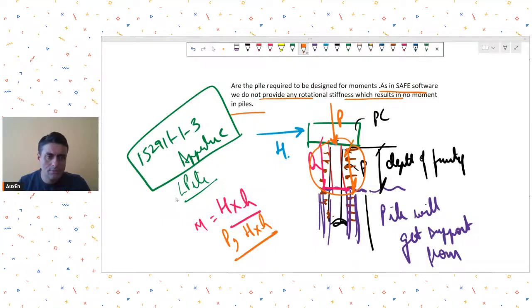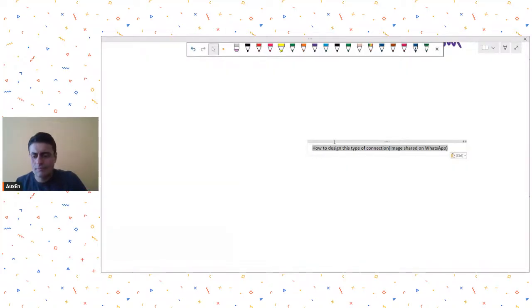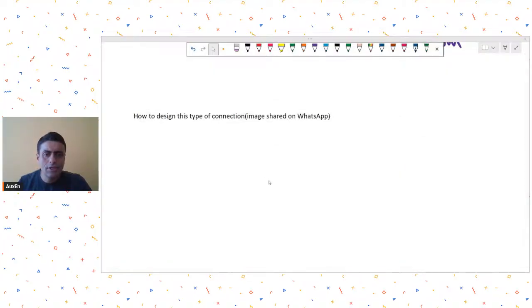This next question is being asked by engineer Nihal. He is a working professional, and he is asking how to design this type of connection. He has shared one image on WhatsApp.